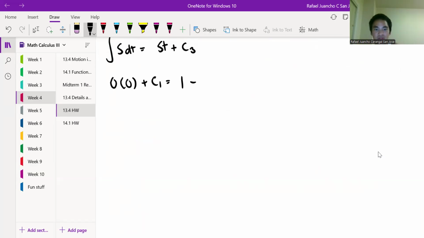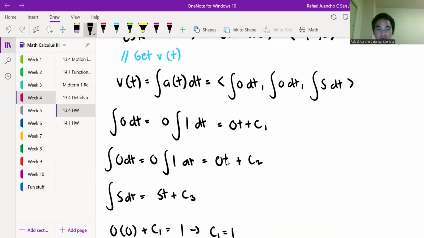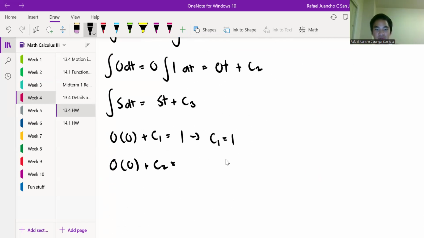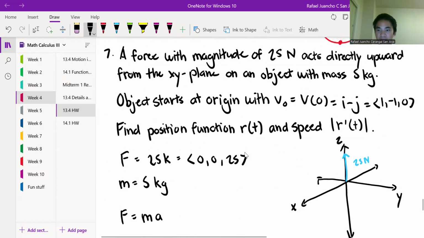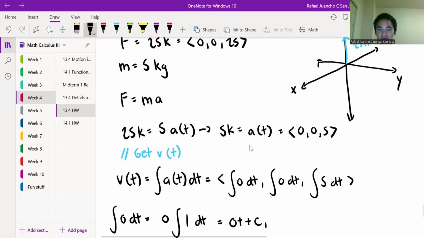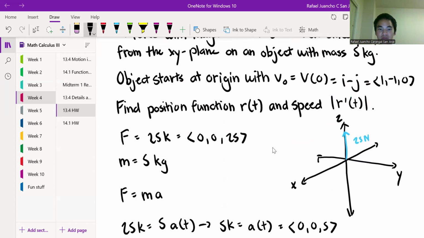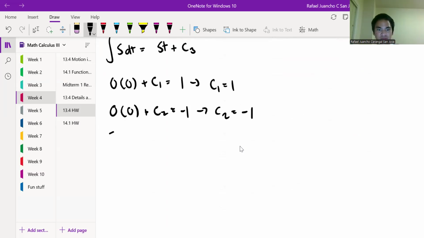And so here I just say my C1 is equal to 1. Then I have my 0 times 0 plus C2 because I have this other, my Y component. And this is going to be -1. So my C2 is -1, right? And lastly, I think it was 0 here. So I plug this in, 5 times 0 plus C3 is 0. So this makes my C3 equal to 0.